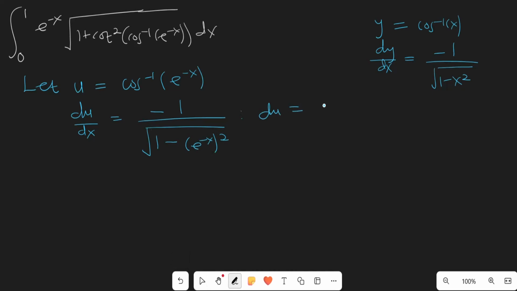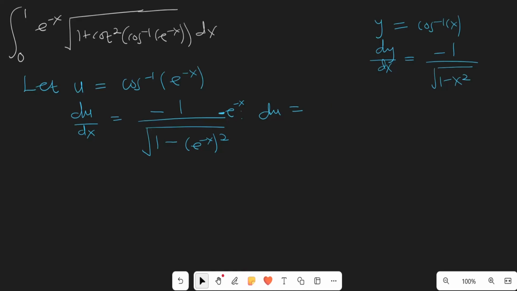So du is going to be, but you have to multiply by the derivative of e to the negative x. The derivative of e to the negative x is negative e to the negative x.